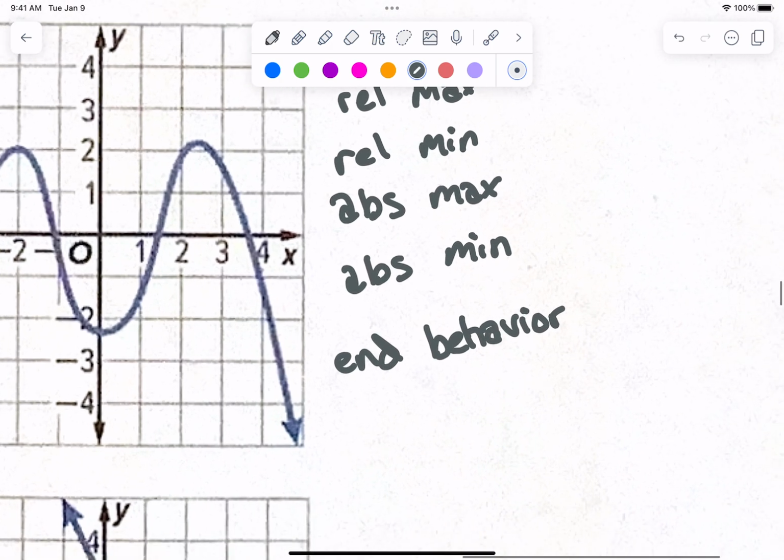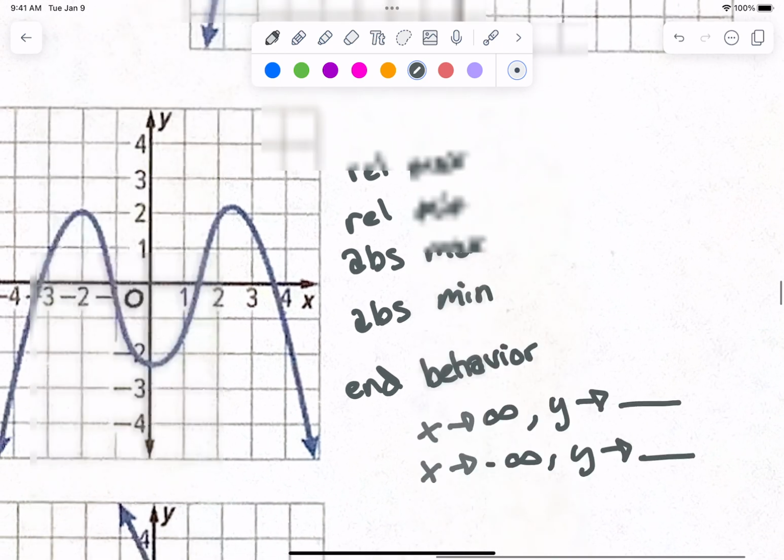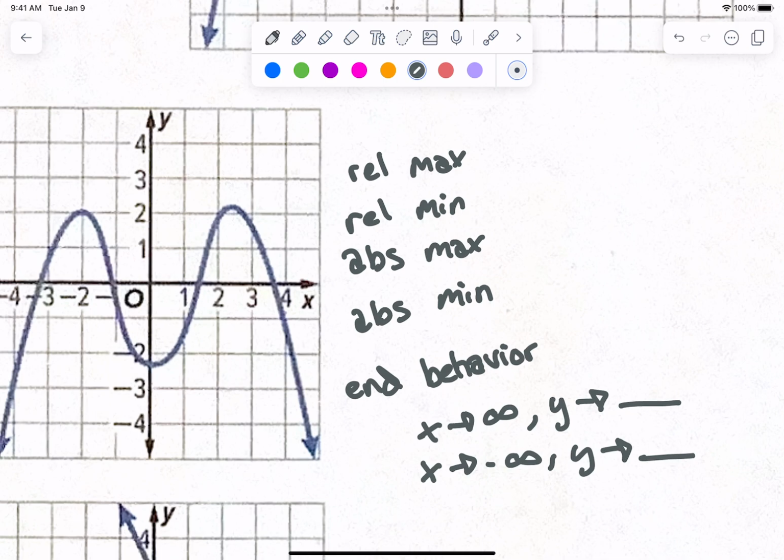As x approaches infinity, y is doing something. As x goes to negative infinity, y is doing something. So tell me where the relative max, relative min, absolute max, and absolute min are, and then what the end behavior is. You might not have a relative max or min, or an absolute max or min. So fill in the coordinates for where approximately those are, okay? Approximately.